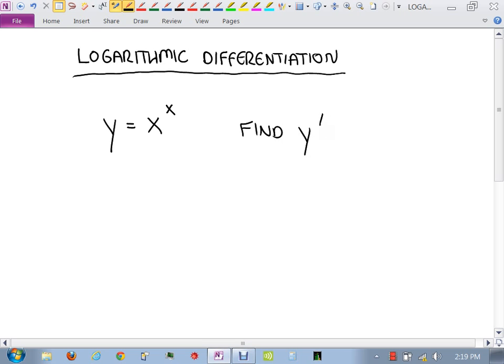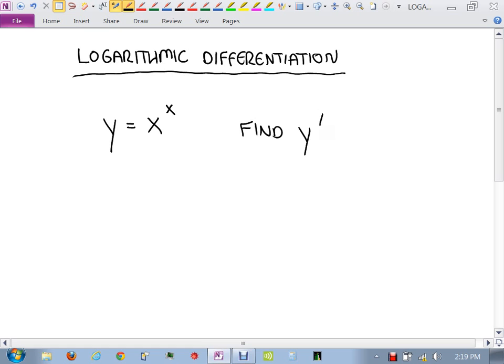What do you notice is an issue here? There are two x's. If that was x squared, I'd be fine, it'd be 2x. If it was 2 to the x, I'd be fine, because the derivative would be 2 to the x natural log 2.